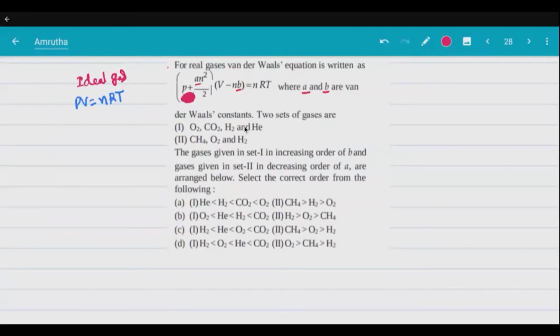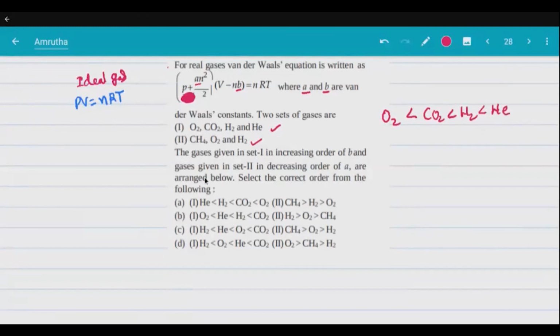Now two sets of gases are given. One set is this, second set is this. So now see this question carefully. Gases given in set 1 are in increasing order of b. Increasing order of b means O2 less, CO2 less, H2, helium.